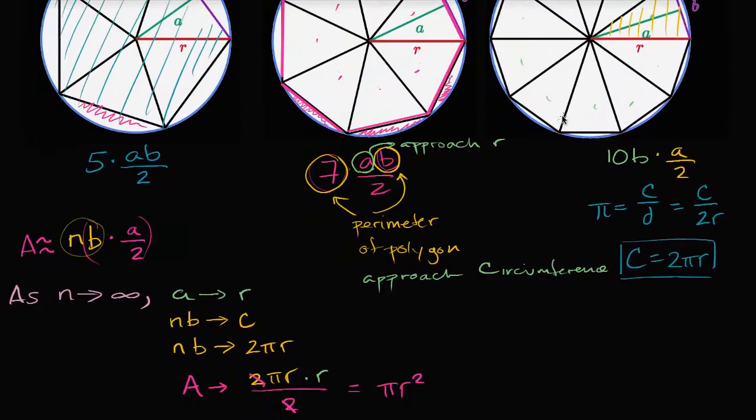And as we approach the area of the circle, we are approaching pi r squared. So hopefully this gives you an intuitive sense why this right over here is the formula for the area of a circle. You could think about it as the area of an infinite-sided polygon that is inscribed in the circle, which will be equal to the area of the circle.